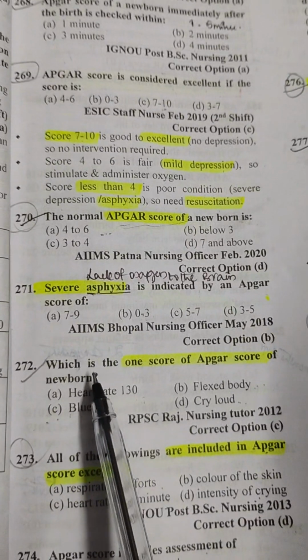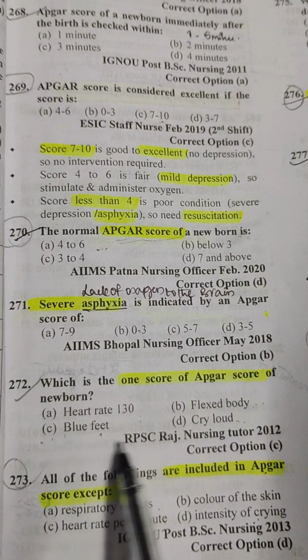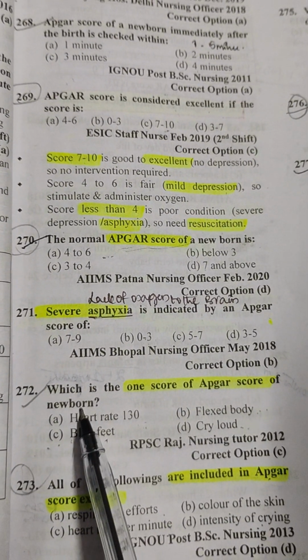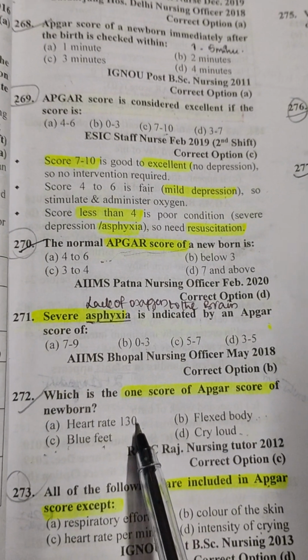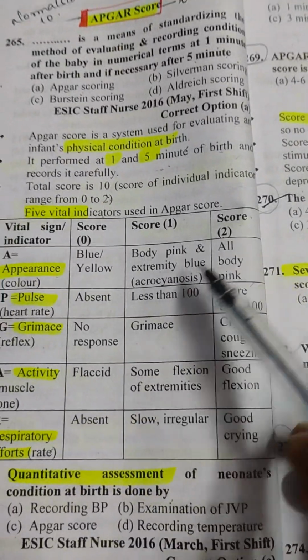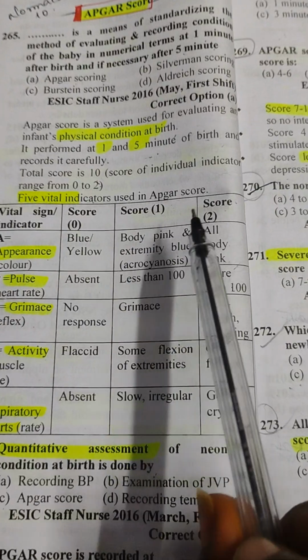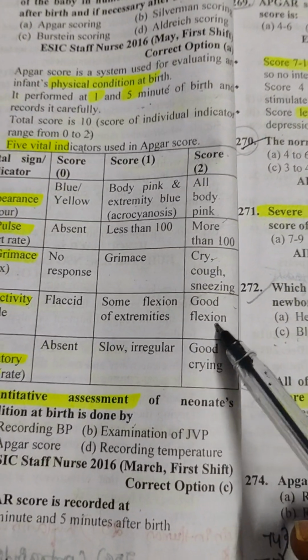The next one: which is the one score of the APGAR score of a newborn, in the given options? Heart rate above 130 is a normal indicator. Heart rate or pulse more than 100 is considered normal, so we have to give 2. Then a flexed body, good flexion, we have to give 2.